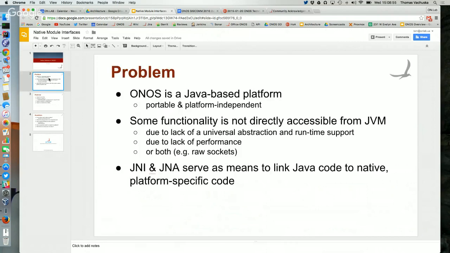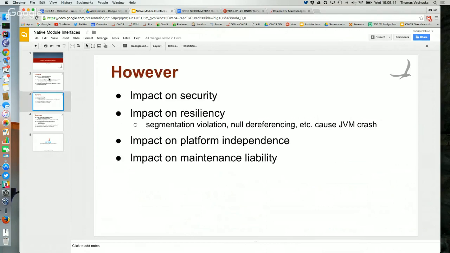Because we can use JNI and we can use JNA. JNA is actually a little bit safer, but it trades off performance. It's not as fast. So JNI versus JNA give you certain trade-offs. But the question is, they present a number of issues. They have an impact on security.